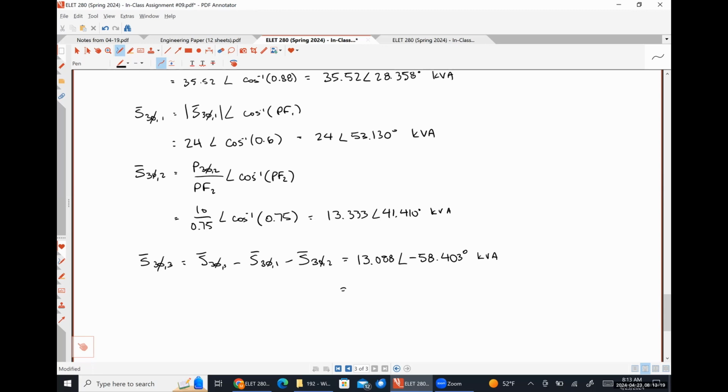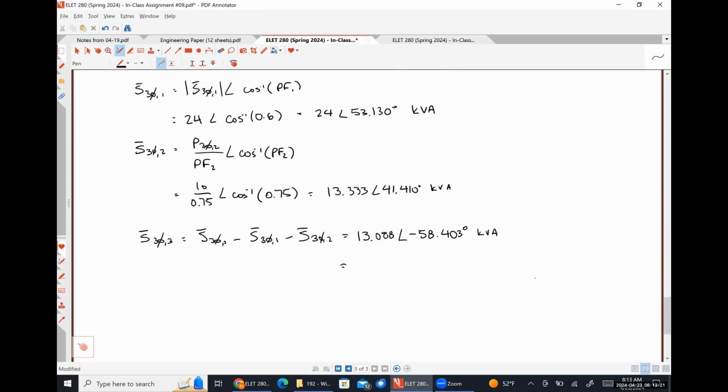And I'm going to choose to express this one in rectangular as well. So that would be 6.858 minus j 11.148 kilovolt amperes.